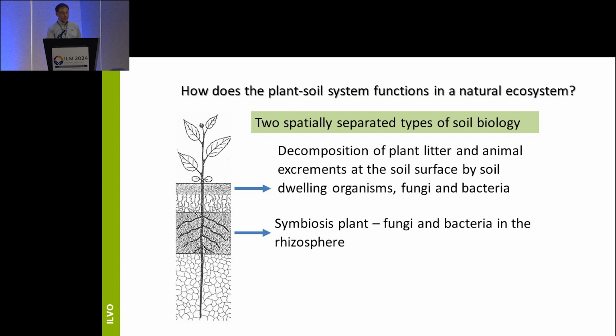These are exudates that are put by the plant into the soil. So these microorganisms are fed by them, and in return, these microorganisms will enhance the nutrient availability for the plant. So this is symbiosis.